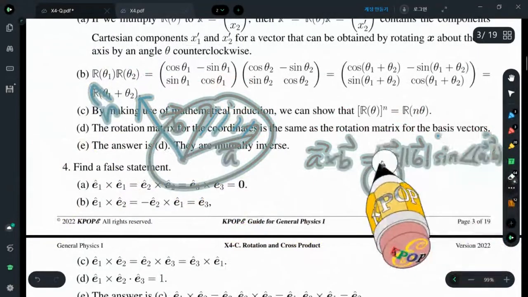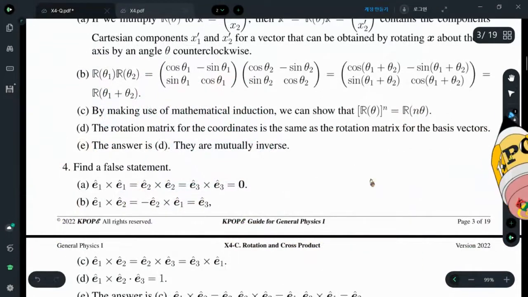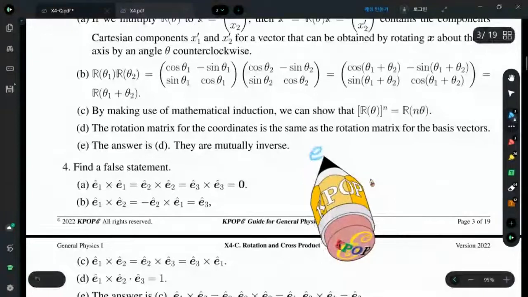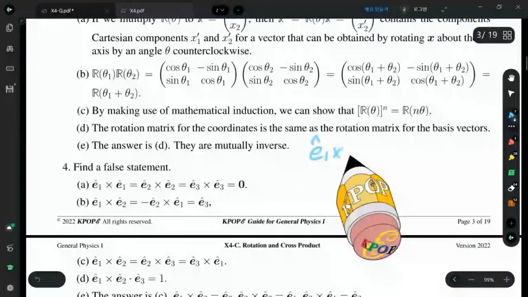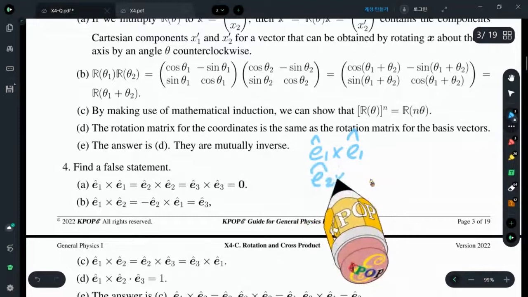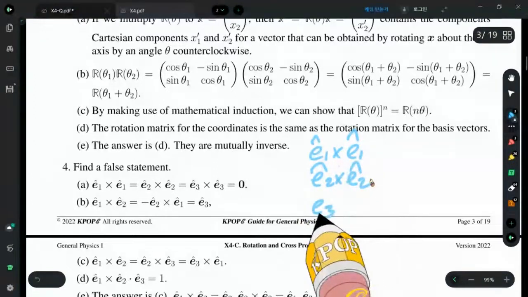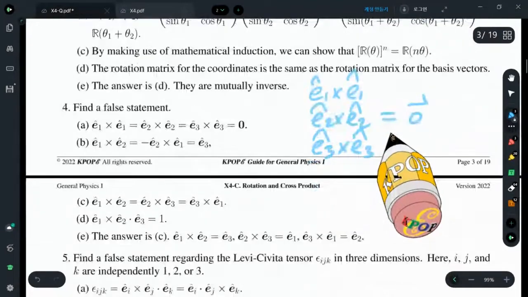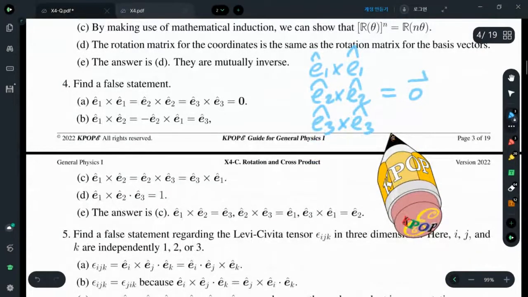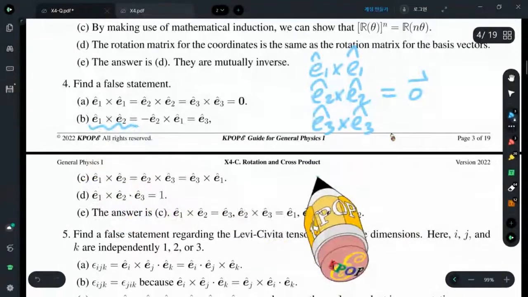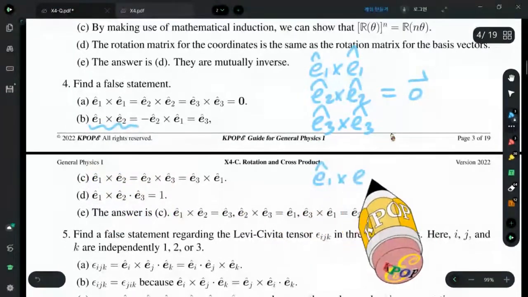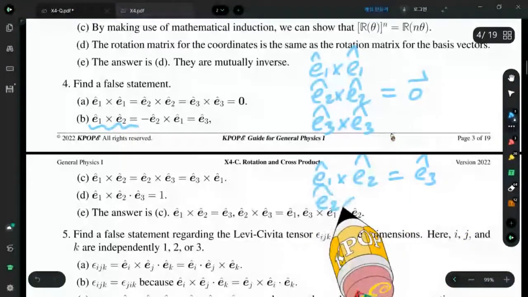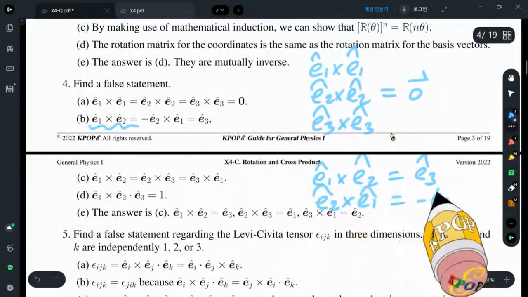Because any unit vector has magnitude 1, so we have E1 hat cross E1 hat, E2 hat cross E2 hat, E3 hat cross E3 hat. They are all 0, right? And very important to remember, E1 cross E2 is E3. E2 cross E1 is a minus E3.